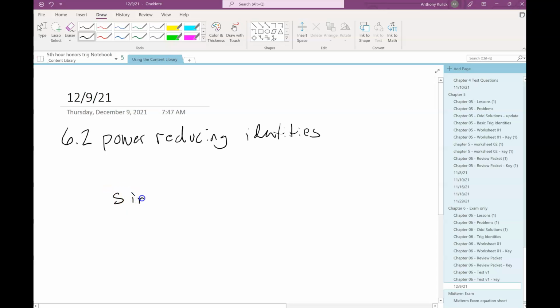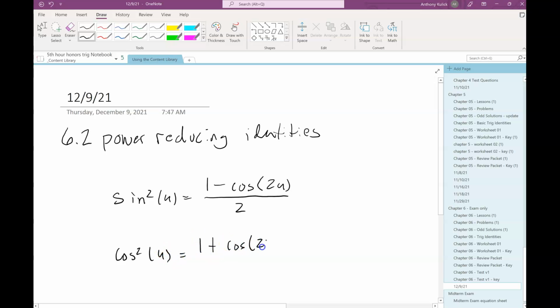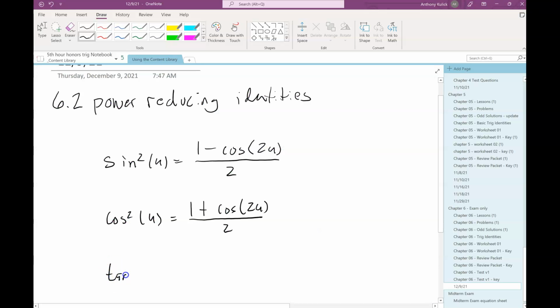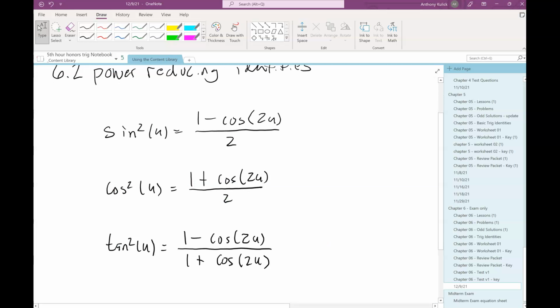So there's 3 power-reducing identities that we give. Now, typically we only list these 3.